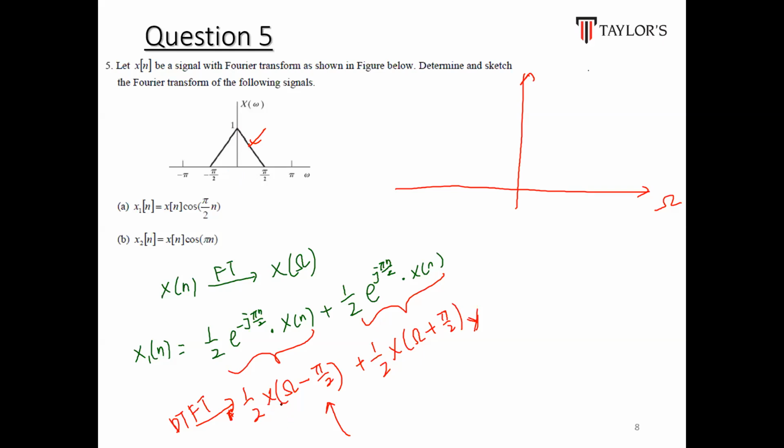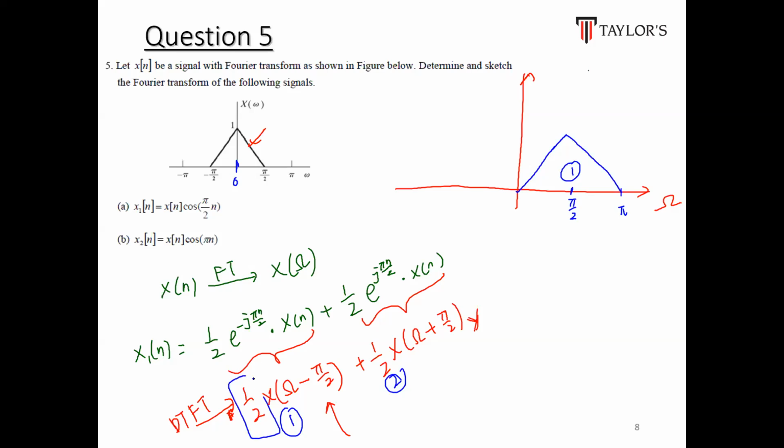Let's say this is the first one and this is the second one. For the first one, I need to shift it to the right side by pi over 2. So instead of starting from 0 in the middle, now pi over 2 is in the middle, and then I have the curve, and this one ends at pi.